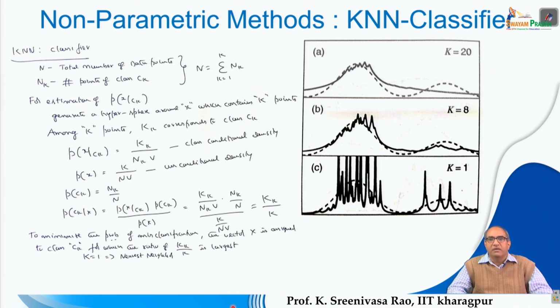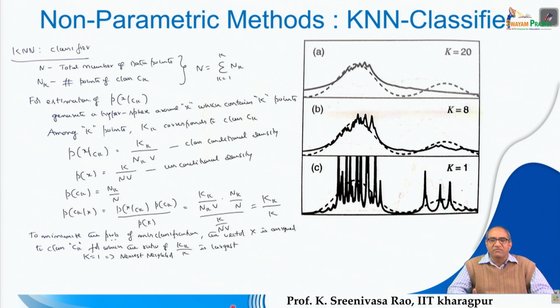In the k nearest neighbor approach we use a similar idea, but here we fix the value of k. Instead of fixing the volume, we vary the volume such that it contains k points.